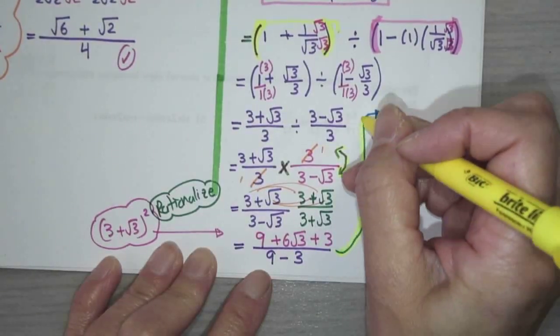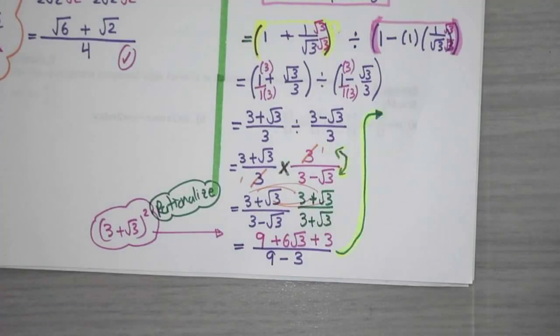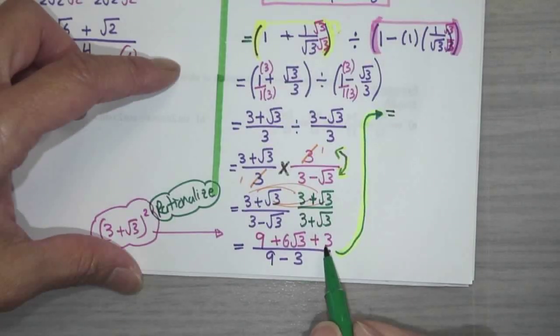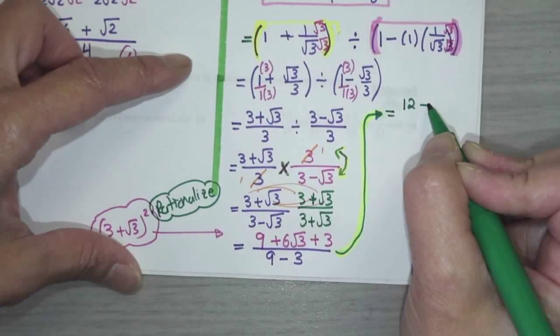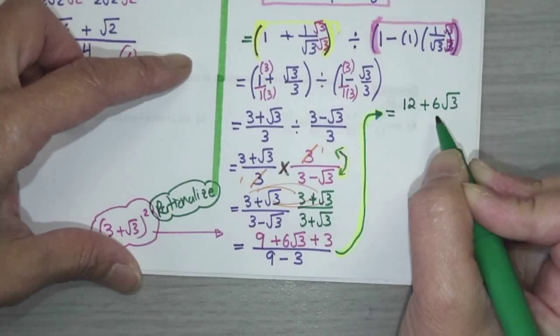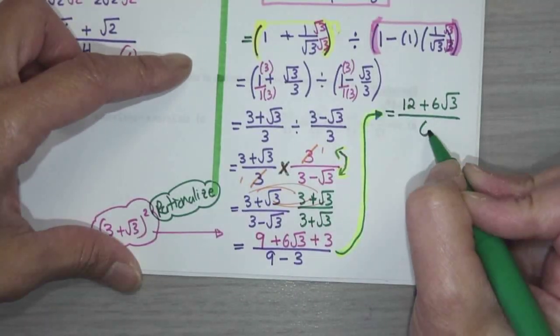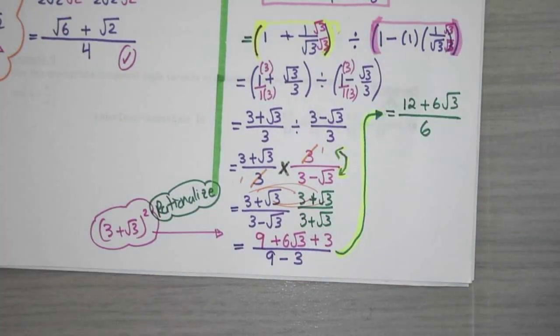So follow my eyes up here. We're going to go equals 9 plus 3, 12, plus 6 root 3. Or you can do 6 root 3 plus 12. It doesn't matter the order. 9 minus 3, 6. Oh, just 2 more steps. 1 more step. Are you done?